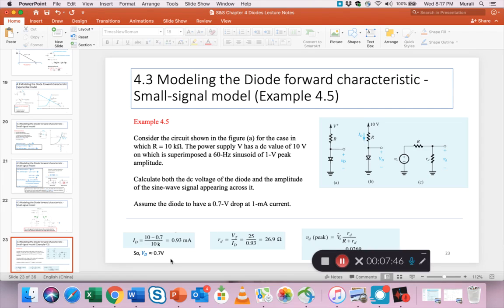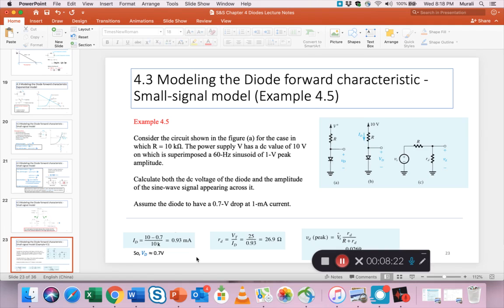Okay, so there are 3 quick steps to solving it. You can also see part B, the circuit diagram on the top right. The current ID has been introduced, flowing down, and part C is where we use our small signal model. So looking at the solution on the bottom portion of the slide, starting from the left, first you find the bias current.